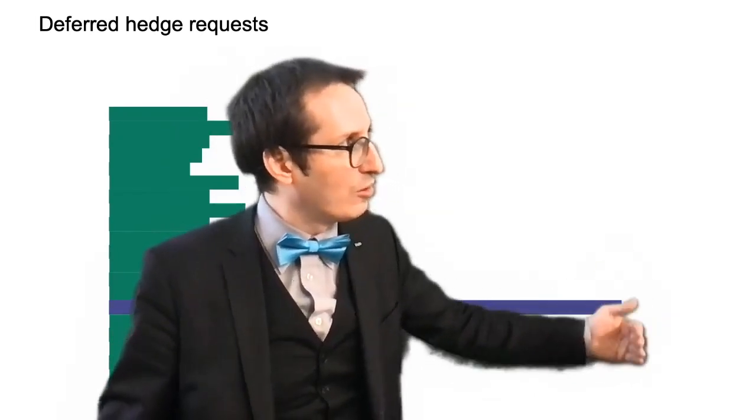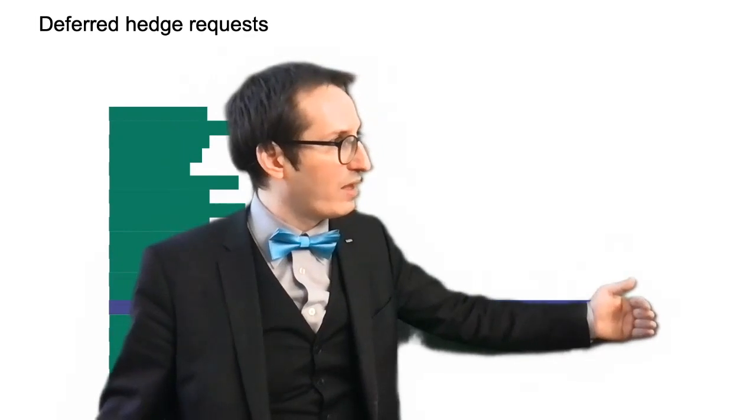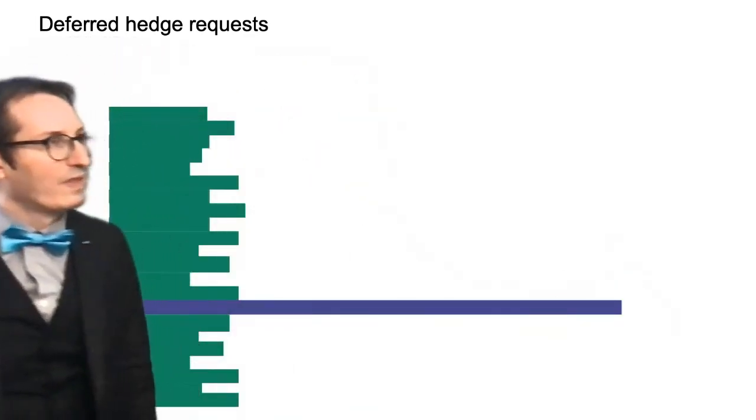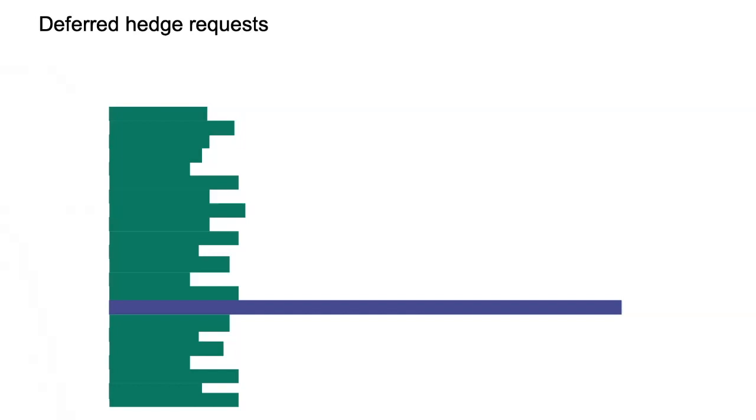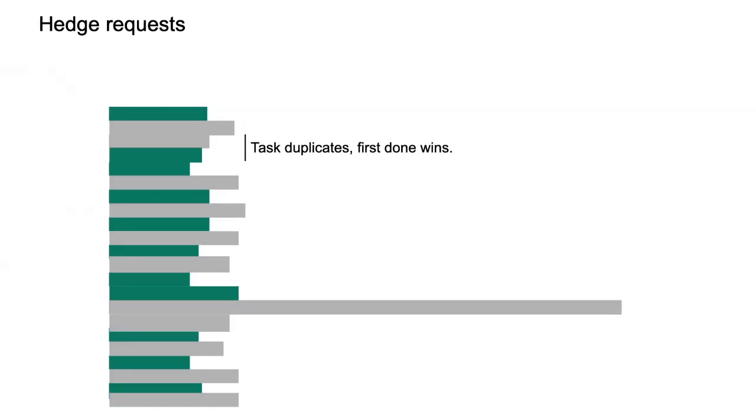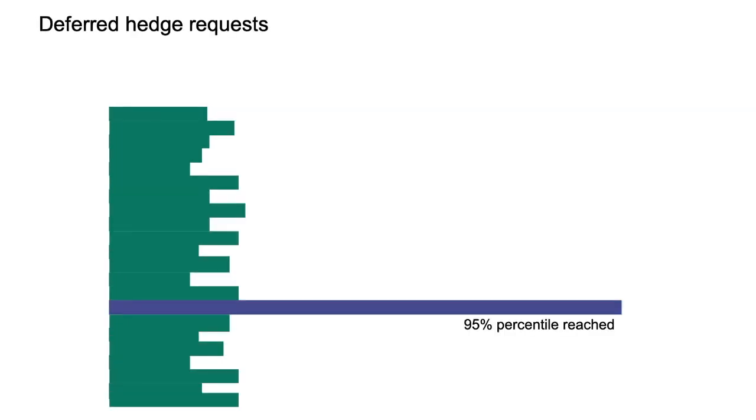So you go to the 95th percentile of slowness, so to say, and once it's slower than 95% of the machines, then you stop it and you duplicate it and launch it again. So this is slightly less resource consuming, because you don't duplicate everything as we did in the first solution. You only duplicate when you notice that there is a straggler and it's blocked at the 95th percentile of duration.